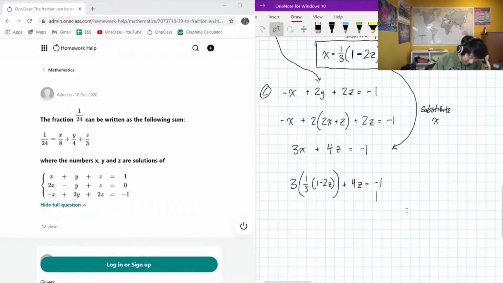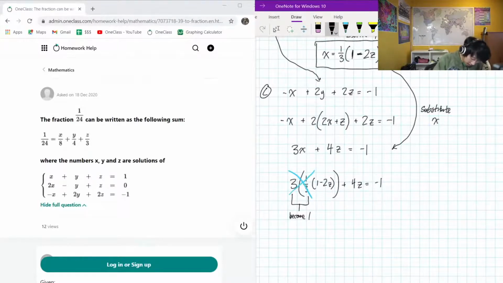Please accept me. Okay, so you can see the 3 on the outside and the 1/3 here. They neutralize and become 1.